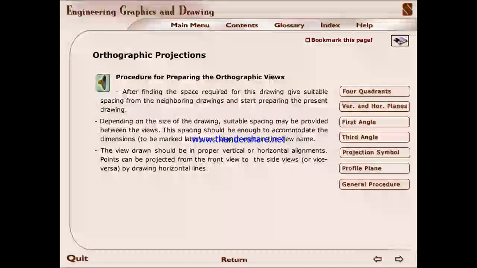After finding the space required for this drawing, give suitable spacing from the neighboring drawings and start preparing the drawing. Depending on the size of the drawing, suitable spacing may be provided between the views. The spacing should be enough to accommodate the dimensions to be marked later and also to contain the view name.